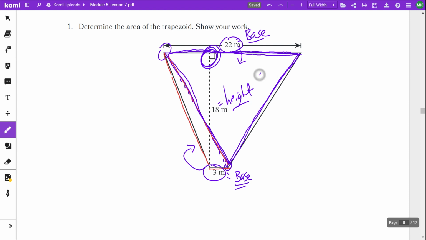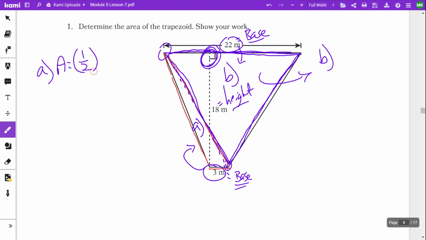If I were to get really organized, I would call this triangle A and this triangle B. I need 1/2 of the base times the height, because that's the formula for the area of a triangle. And I also need one over here, 1/2 the base times the height.